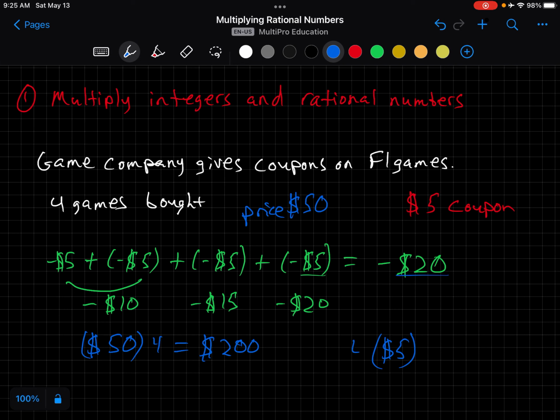We could say $5 times 4 coupons. And this is the same. Holy moly, what is going on? This is the same as $20. Okay, so how much did the company make? They made $180.